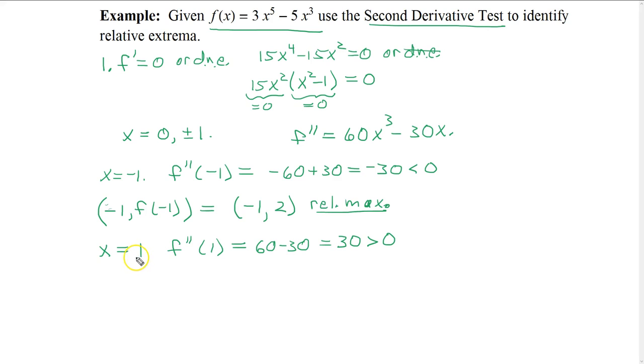That means our graph is concave upward at 1. So that means that we have a relative minimum when x is equal to 1. So 1, f of 1, and putting 1 in here for x, we're going to get 3 minus 5, negative 2. That is going to be a relative minimum.